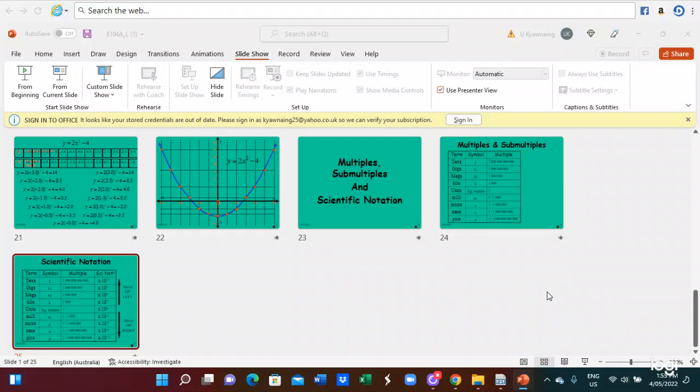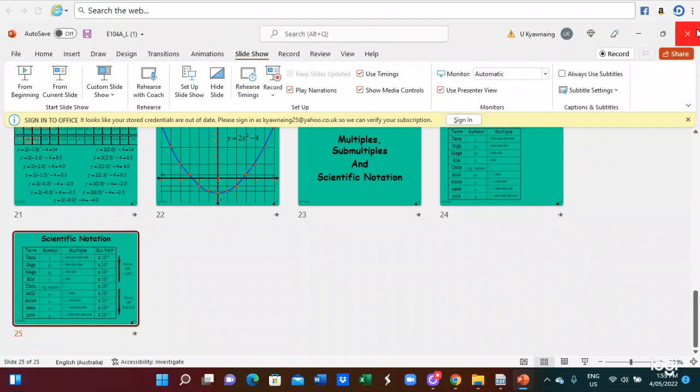So today's lesson, we are talking about the multiples and the notation for the electrical trade.